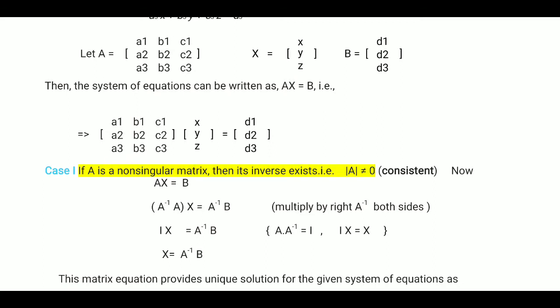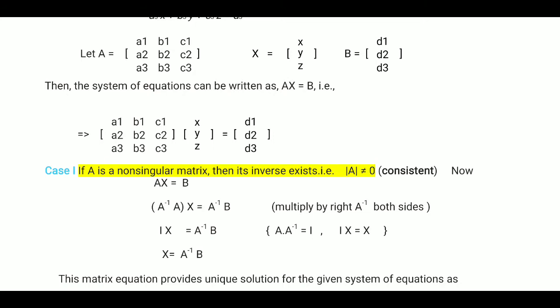If A is a non-singular matrix, the coefficient matrix is non-singular, meaning the determinant value of A is not 0, so its inverse exists. So like this, AX is equal to B. If its inverse exists, meaning the determinant value is non-zero, then we left multiply by A inverse on both sides.